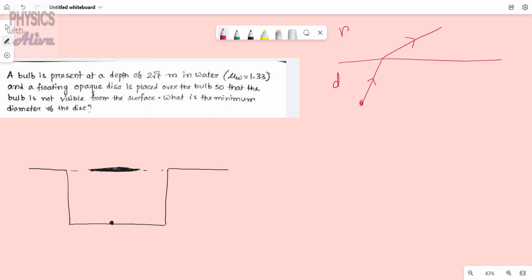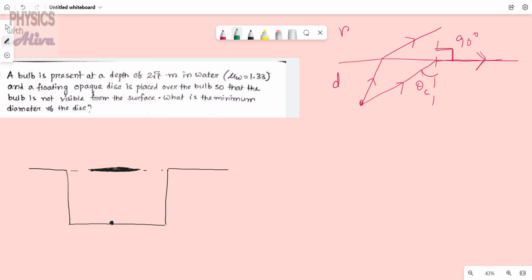We all know if the light is going from denser to rarer medium, the light will bend away from the normal. So we have drawn this, and at a particular incident angle theta, known as theta c, the refracted ray will be like this. That means the angle of refraction is 90 degrees.